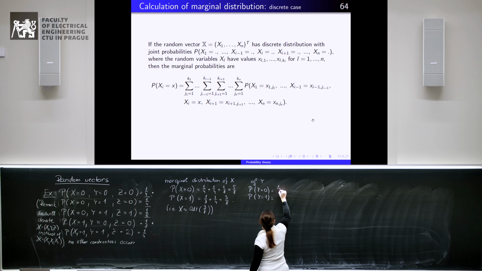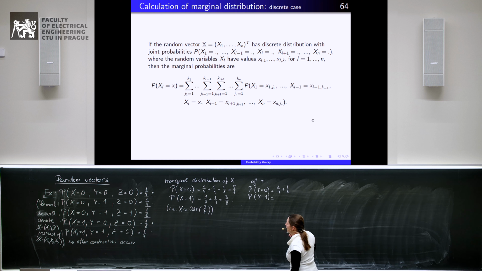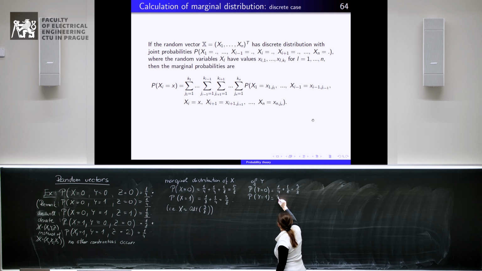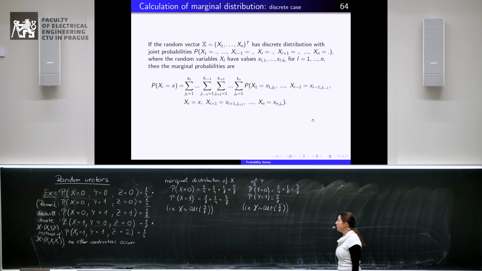So it is 1/4 plus 1/8, which is 3 over 8. And then the probability that Y is equal to 1 must be 5 over 8; 1/4 plus 1/8 plus 1/4 is really equal to 5 over 8. So again, we can write it in shorter form. Y has alternative distribution with the parameter 5 over 8.